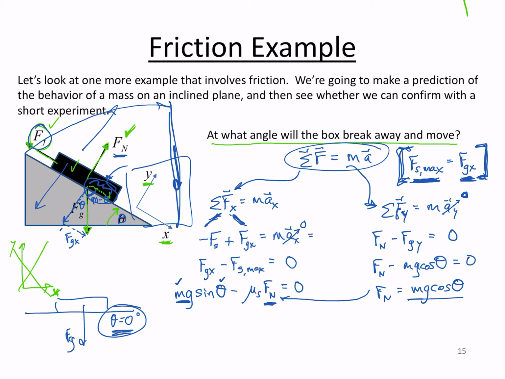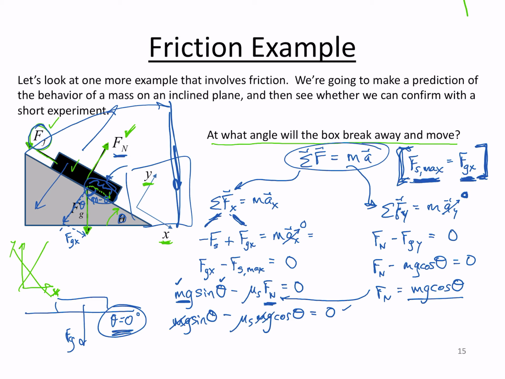And so what we end up with is mg sine theta minus mu s times mg cosine theta, and that all has to be 0. You're going to notice something here, right? We've got mg's on both of these terms, and we've got a 0 over here on the right, and so we can divide out by mg, and it just cancels and disappears.